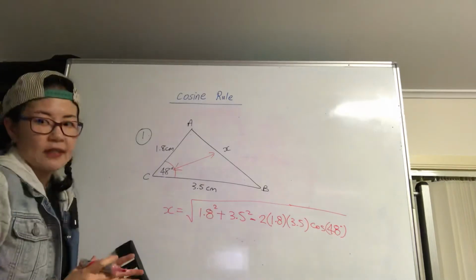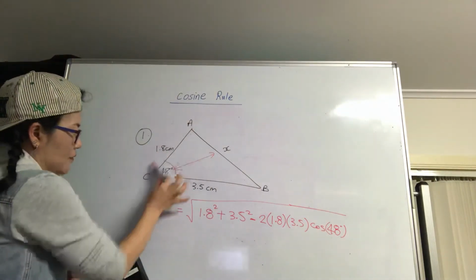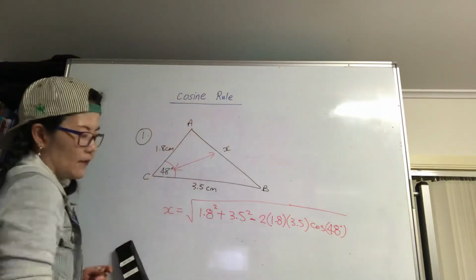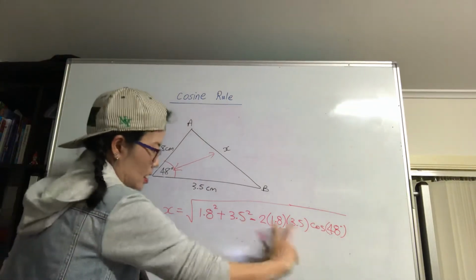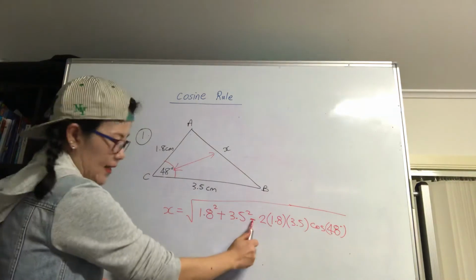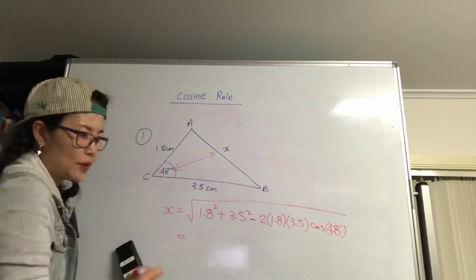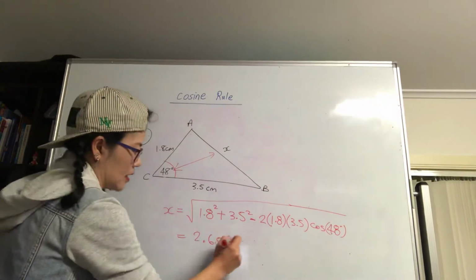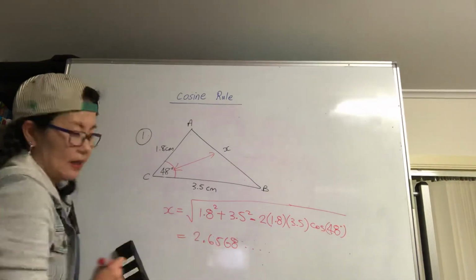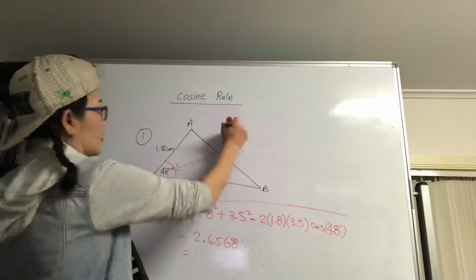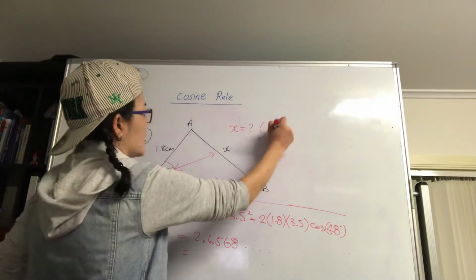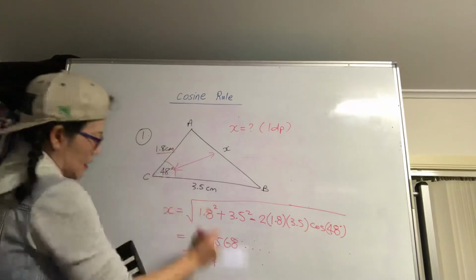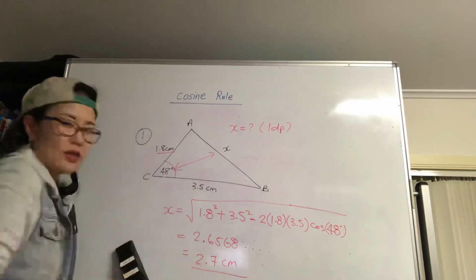Remember this, guys: whatever is surrounding, protecting the angle is going to be here, and these two are going to be multiplied together, and it's a minus. If you put that in your calculator, you will get 2.6568, something like that. And I want x to 1 decimal place, so it'll be 2.7 centimeters. Okay, so that's what I've got.